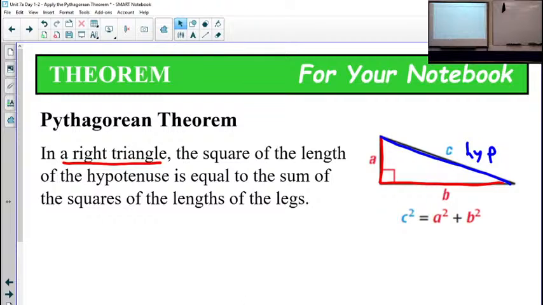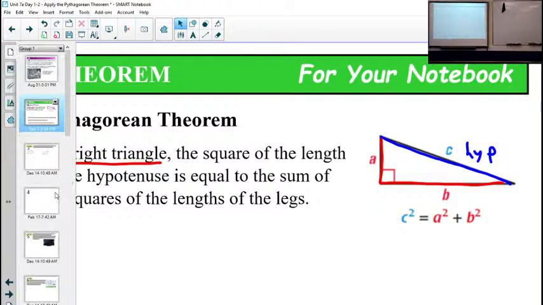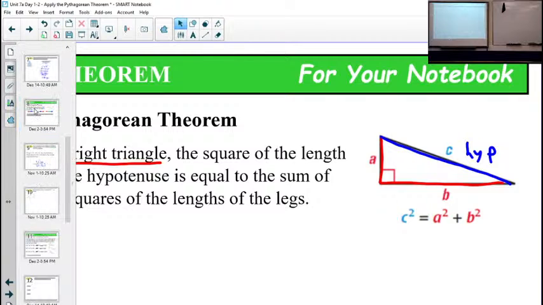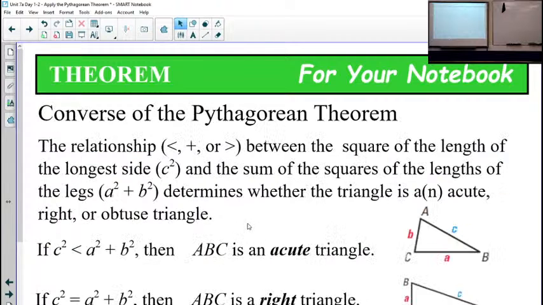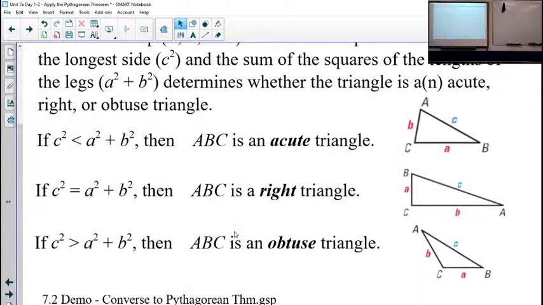So instead of telling you a right triangle, and you figuring out that c squared equals a squared plus b squared, we're going to use the fact that c squared equals a squared plus b squared to prove that we have a right triangle. But we can actually say more than that. Here's where we start writing down here. We can actually say more than that.